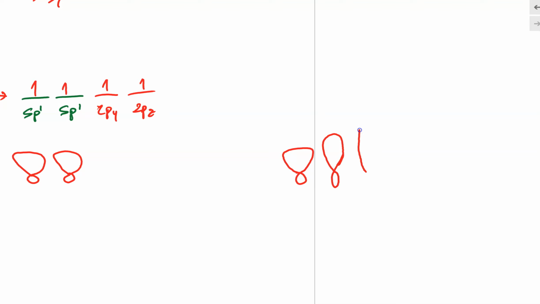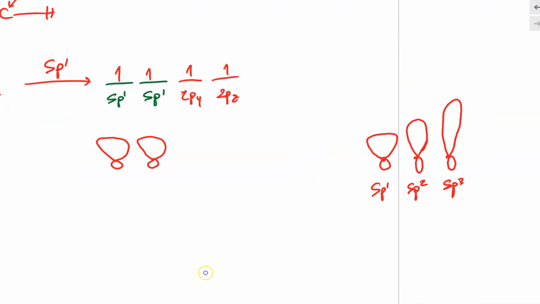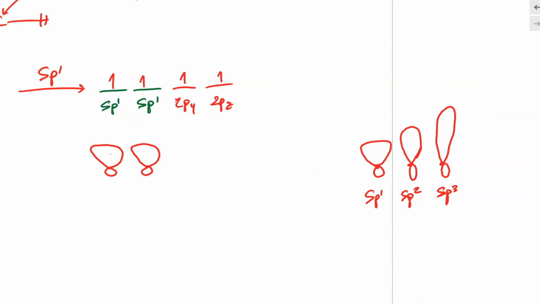And now the sp3 would be the longest one. So this is sp1 and sp2 and sp3. And here would be the node where the nucleus of the atom would be located. So that would be the comparison between sp1, sp2, and sp3. And in this case, we have 2 of them.